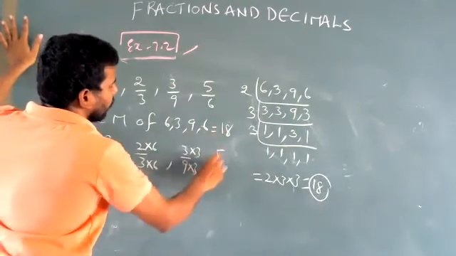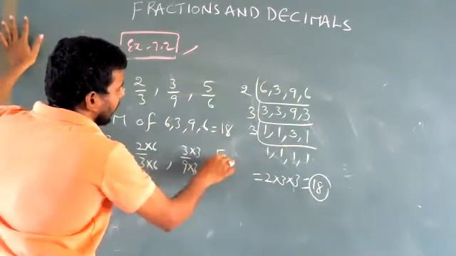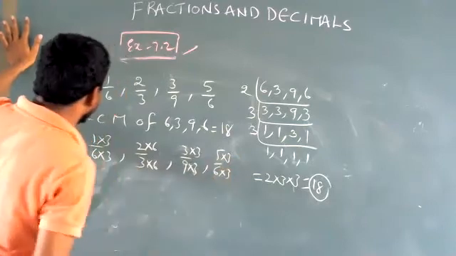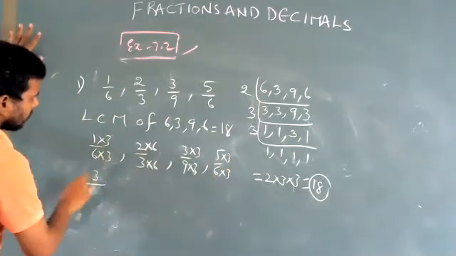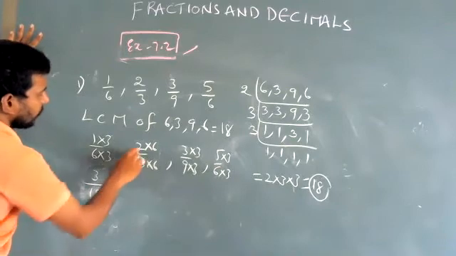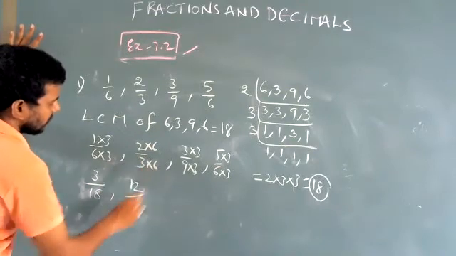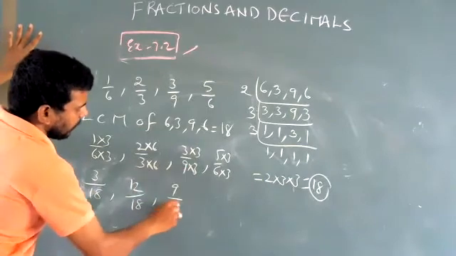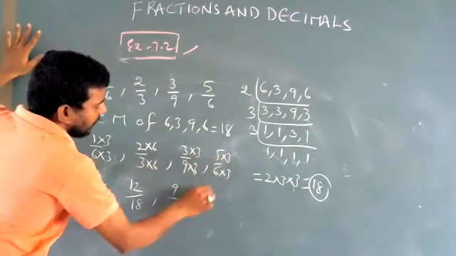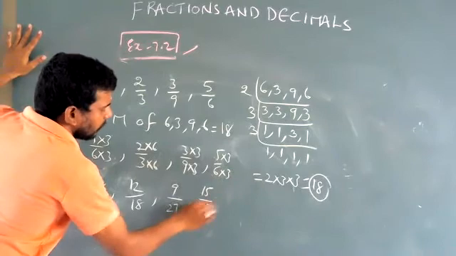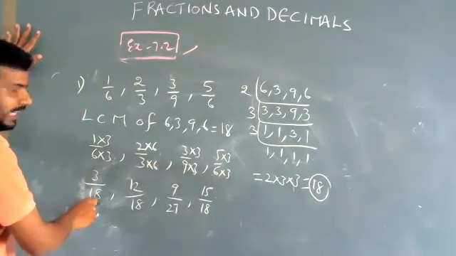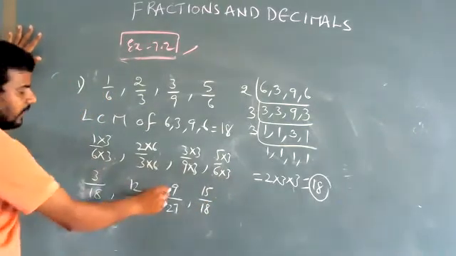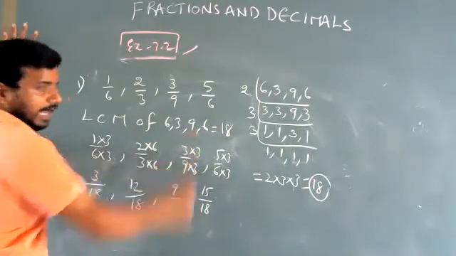Now bring down 5 by 6. 6 in 18, 3 times divisible. 1 3s are 3, 6 3s are 18. 2 6s are 12, 3 6s are 18. 3 2s are 6, 9 2s are 18. 5 3s are 15, 6 3s are 18. So 3 by 18, 12 by 18, 6 by 18, 15 by 18.